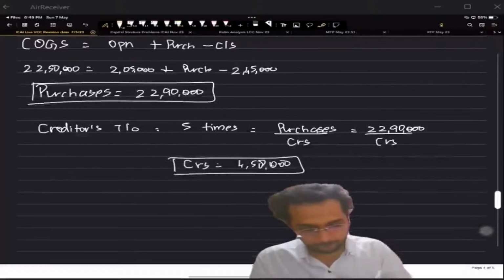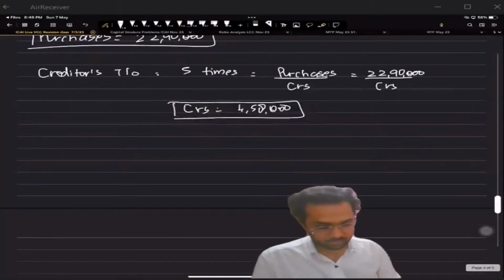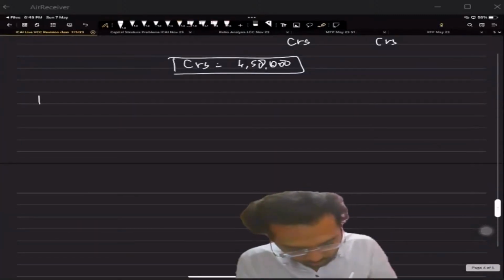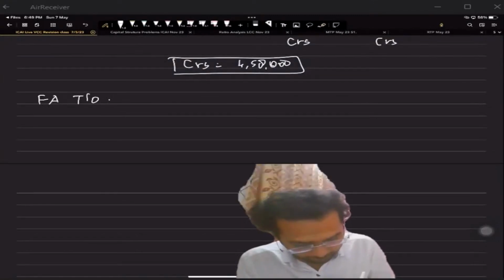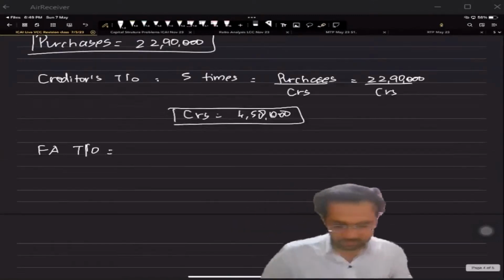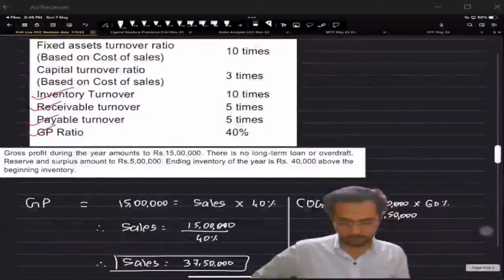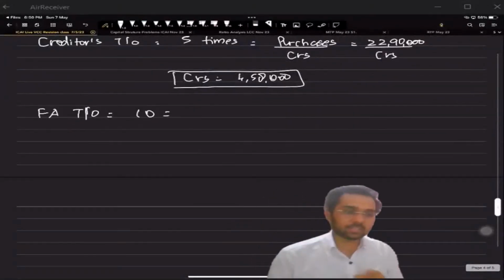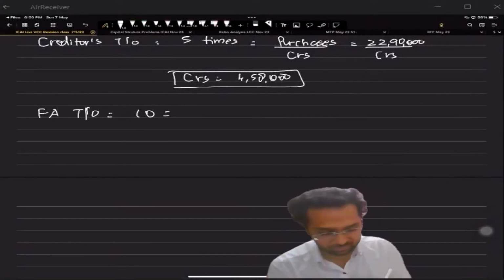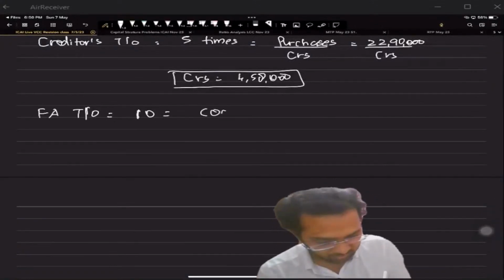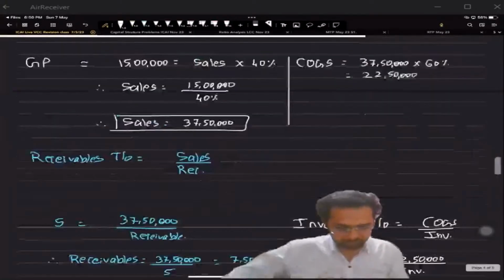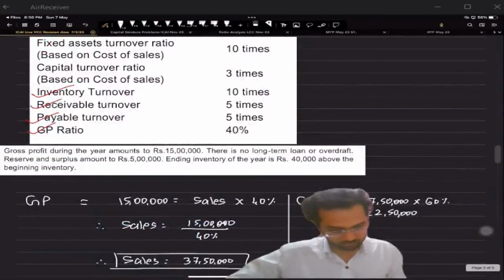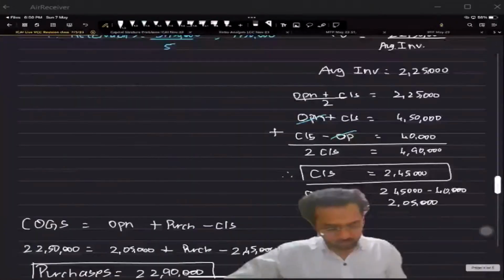Let's do it. First up, fixed asset turnover ratio. Fixed asset turnover will be 10 times. But this fixed asset turnover is based on COGS, guys. So this 10 is actually COGS upon fixed assets, right?